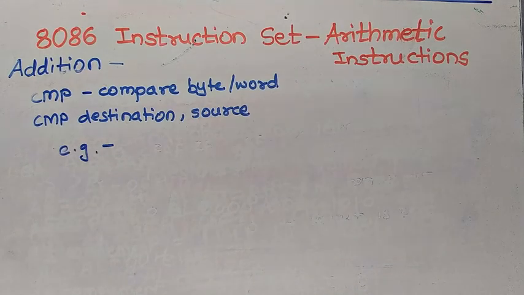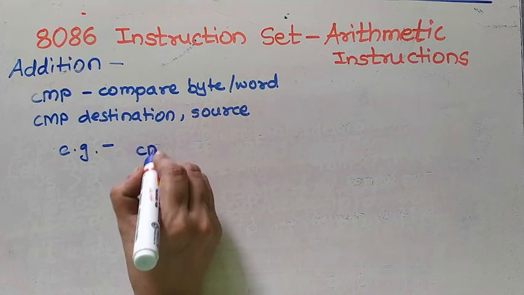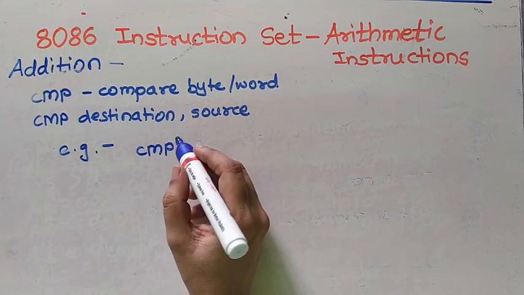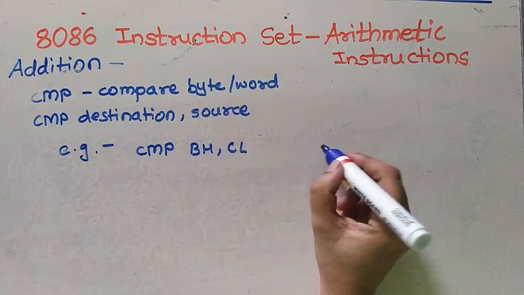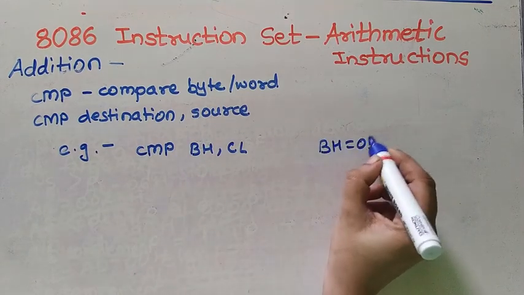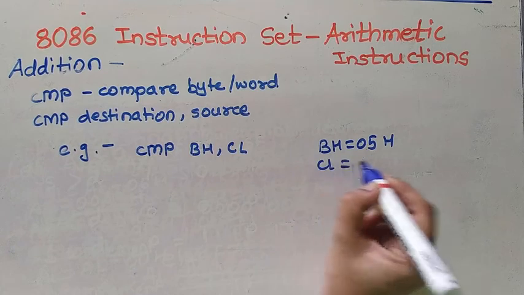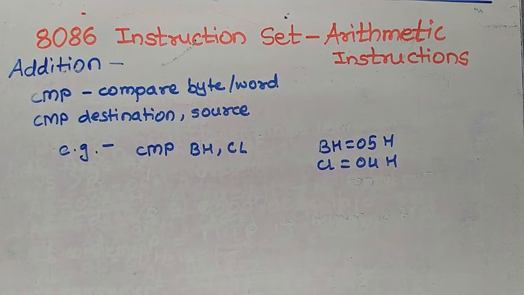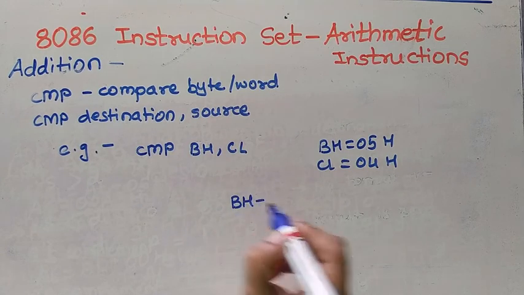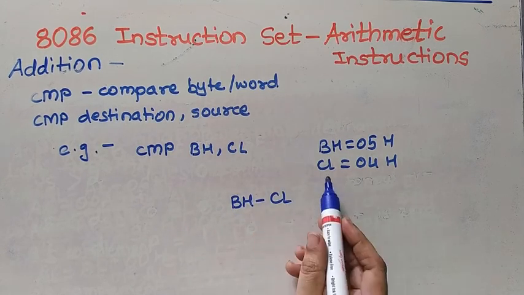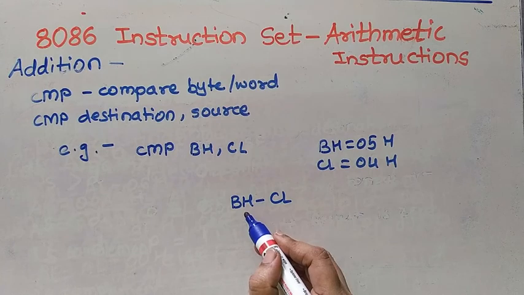Let's take one example. Compare, suppose BH comma CL. We are having BH is equal to 05H, CL is equal to 04H. So the instruction will subtract the contents of CL from BH and accordingly the flags will be set.